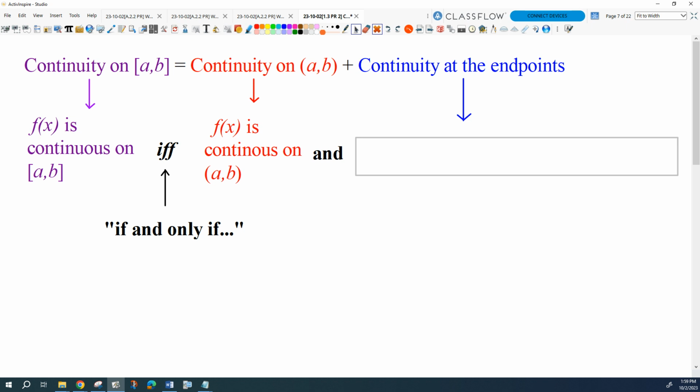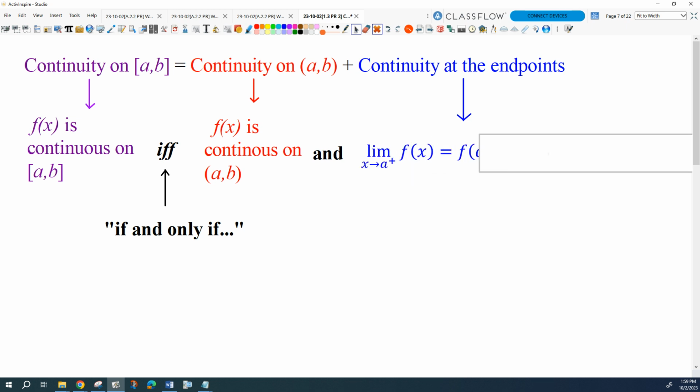And continuity at the endpoints, what's that mean? Two things. Continuous at the left endpoint, so at a, it's continuous from what direction? From the right. Okay, and wouldn't I say that like that?